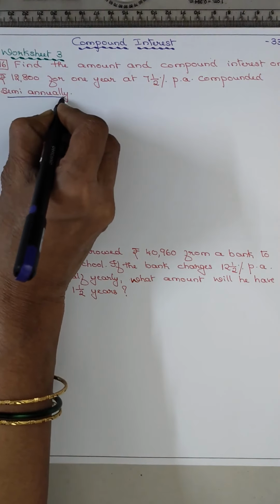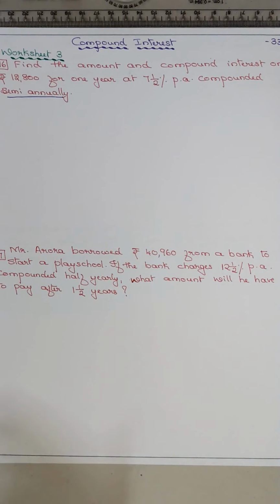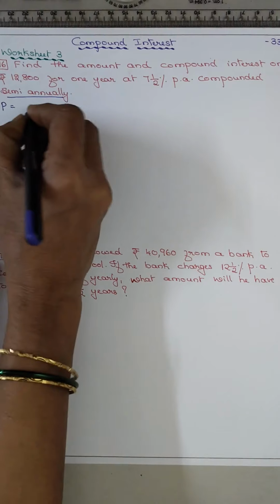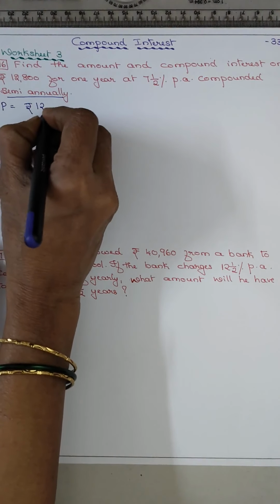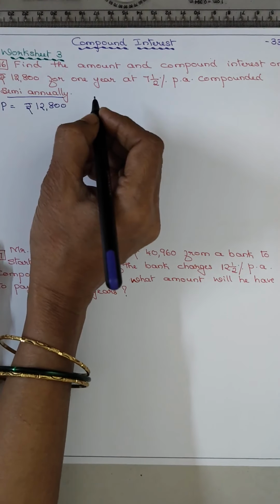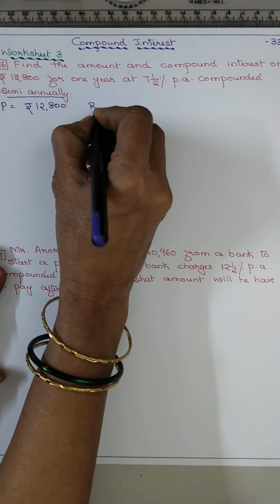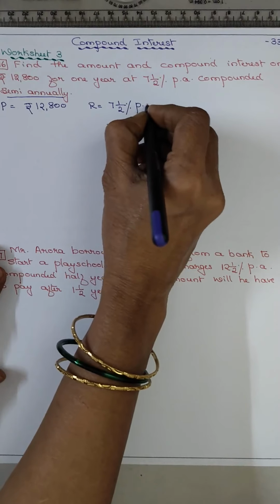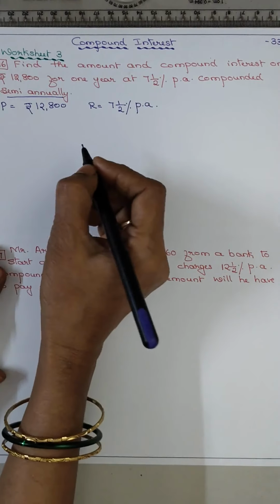So underline semi-annually. So what is the principal? It is rupees 12,800. R is given as 7.5% per annum, but it is semi-annually.